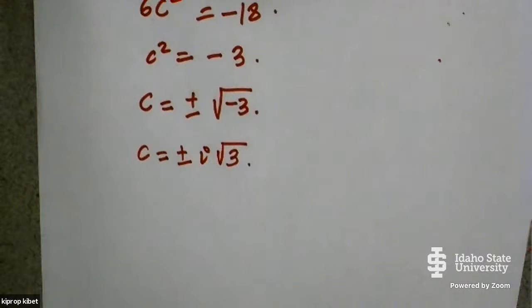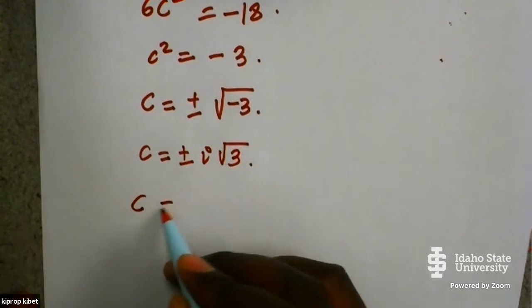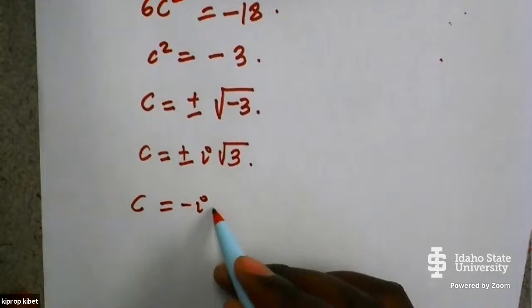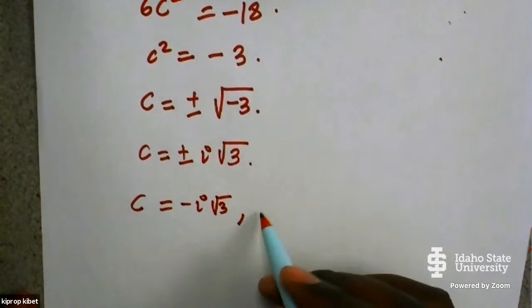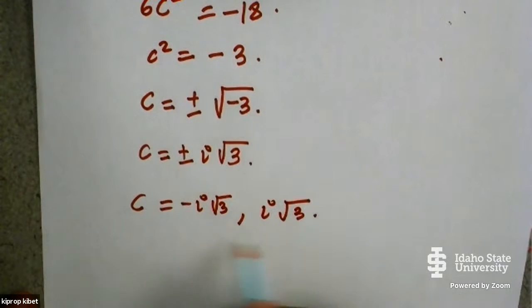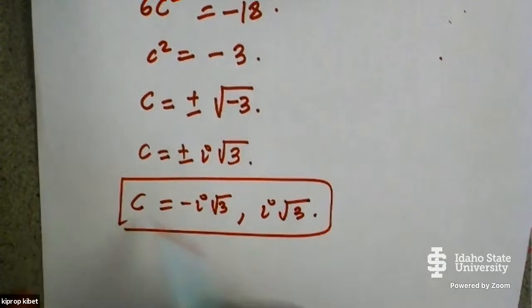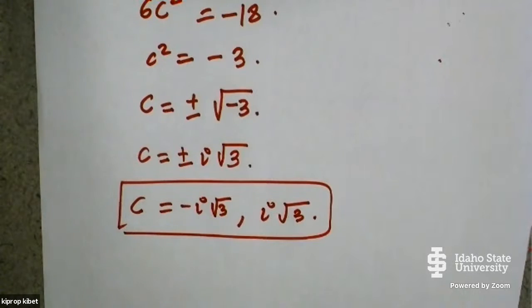So in Newton, if you ask something like this, then you need to separate the values by a comma. So c is the same as negative i root 3, or i root 3. So those are the values for c.